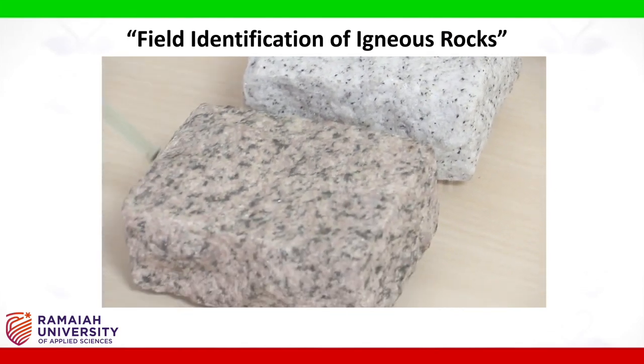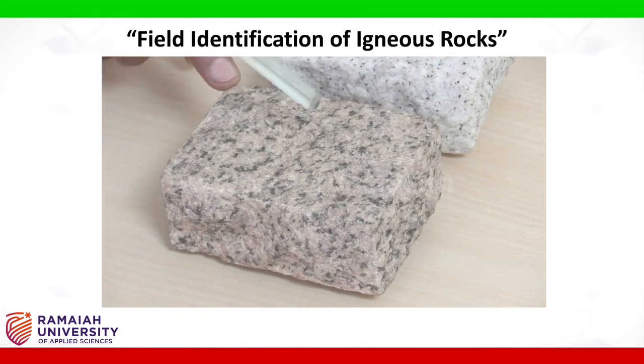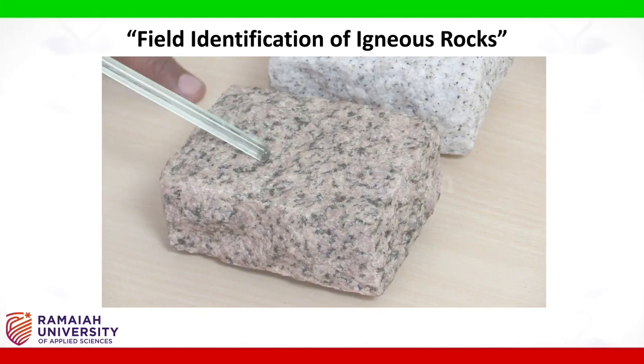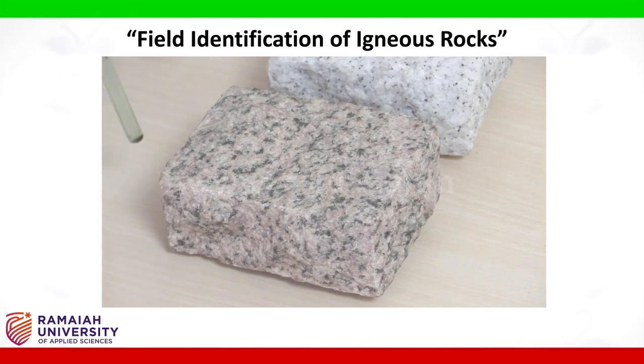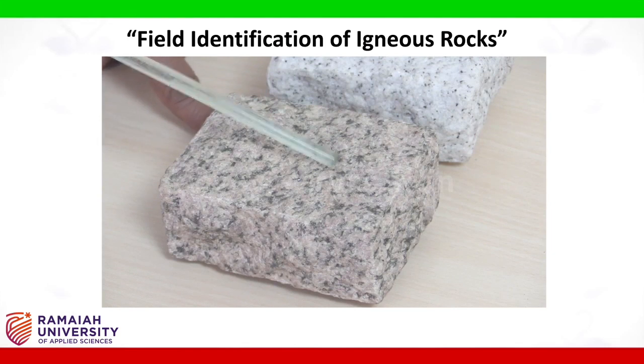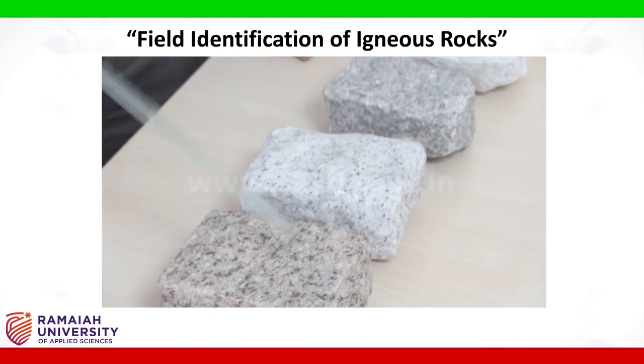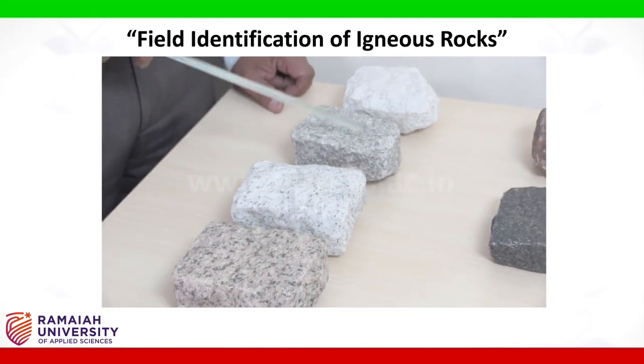Similarly, this is also a granite, but seen with a light pink shade. That is because of the presence of pink feldspar called orthoclase feldspar, which is potash bearing. Otherwise, the composition more or less remains the same for all these three rock types.